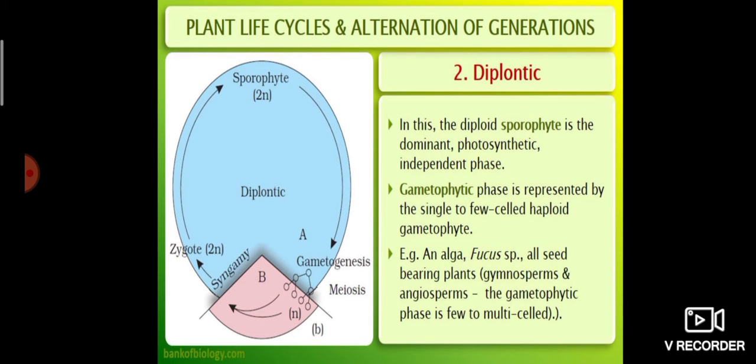Then the second one is diplontic, just opposite to haplontic. Here the diploid phase, that is the sporophytic generation, is dominant compared to the gametophytic generation.